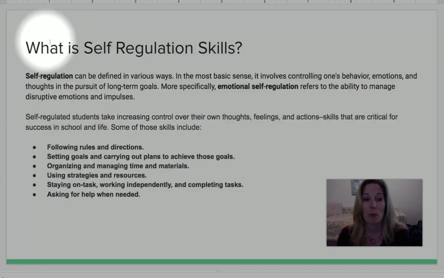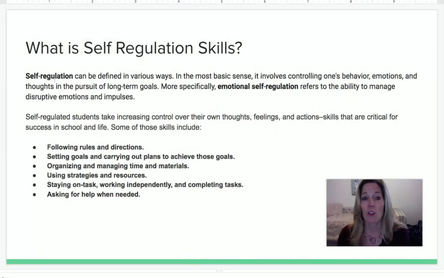So what is self-regulation skills? Self-regulation can be defined in various ways. In the most basic sense, it involves controlling one's behavior, emotions, and thoughts in the pursuit of long-term goals. Most specifically, emotional self-regulation refers to the ability to manage disruptive emotions and impulses that we might have.